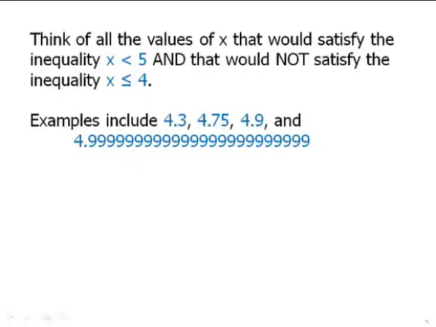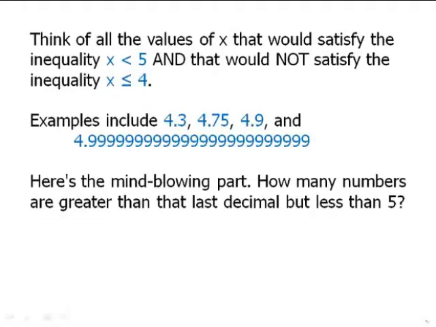All those are things that legitimately are less than 5, but they are not less than or equal to 4. And notice that last one in particular, 4 followed by a bunch of 9s after the decimal point. So that's a very interesting one. Of course, that number is less than 5, and you might think, well, gee, it's awfully close to 5, and yes, it is close to 5. Here's the mind-blowing part, though.